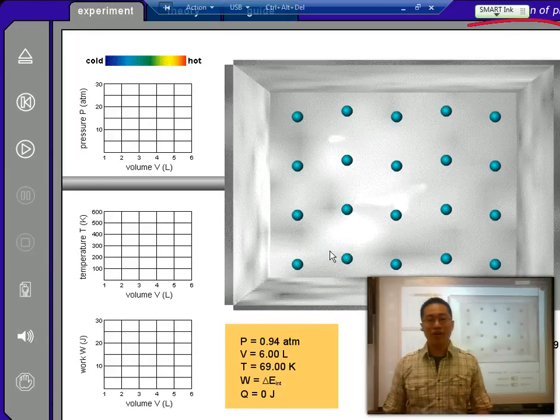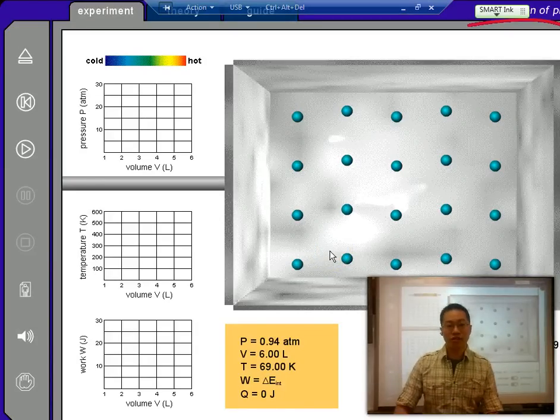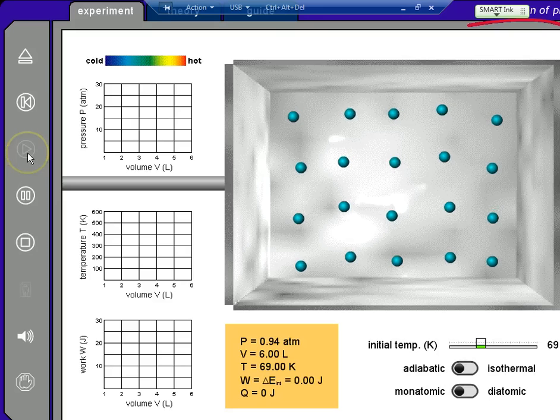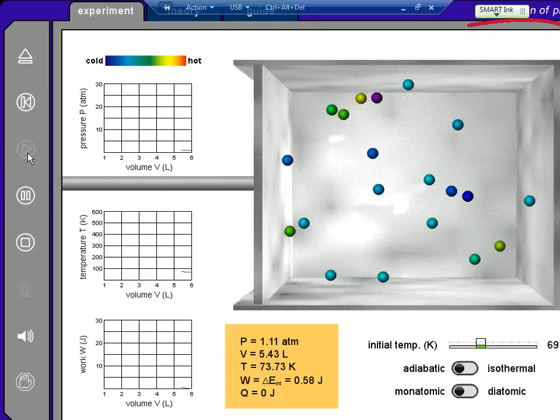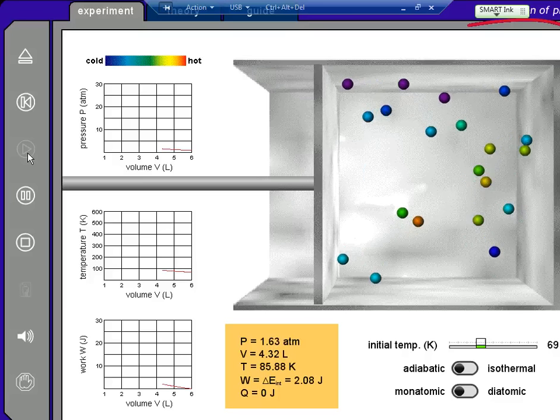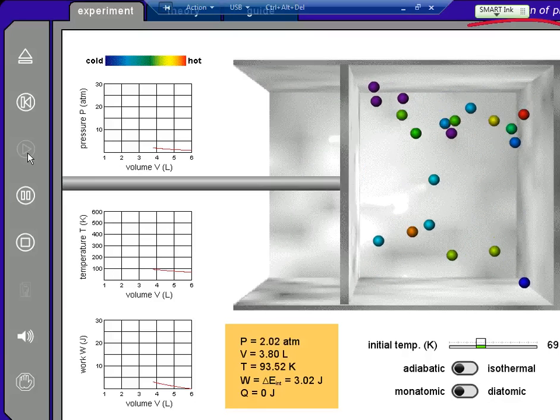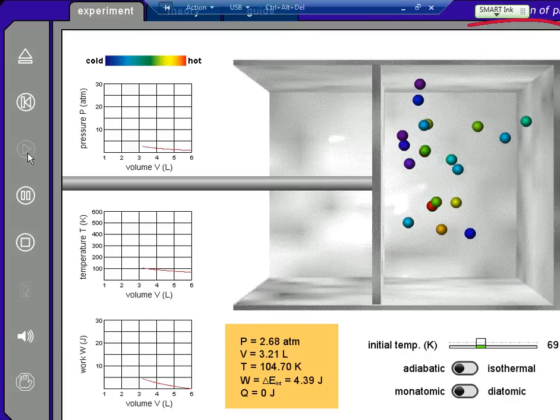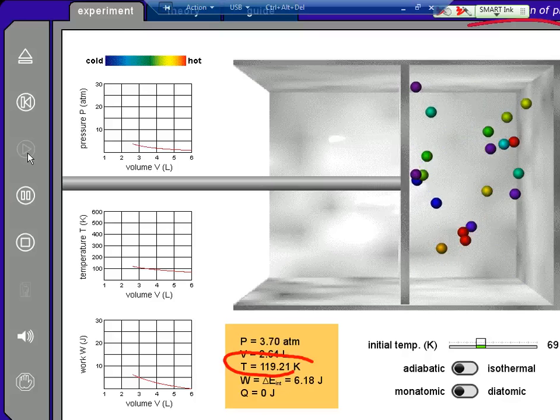Right now I have an adiabatic situation set up, and the piston is closing in. It's doing positive work on the scenario. Notice what's happening to the temperature as we're doing positive work.